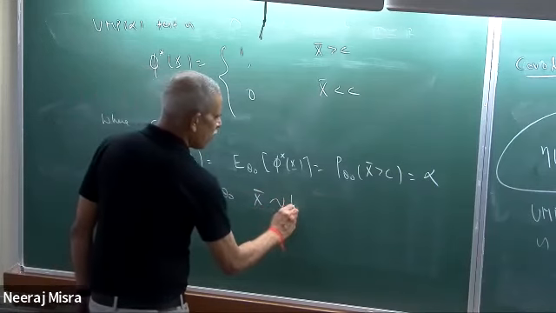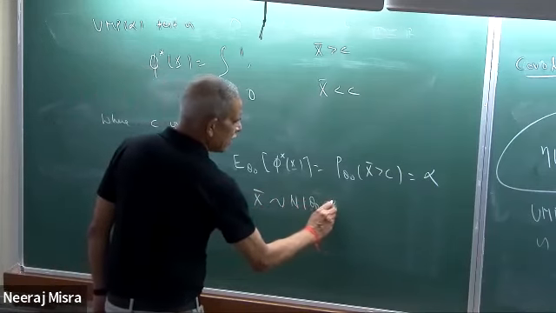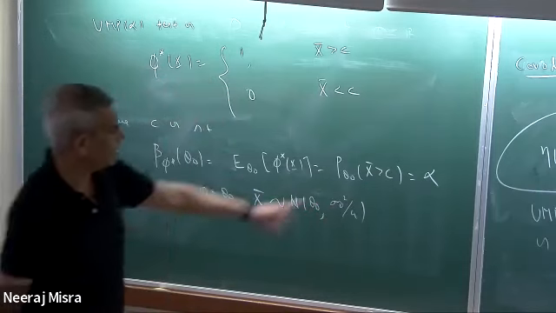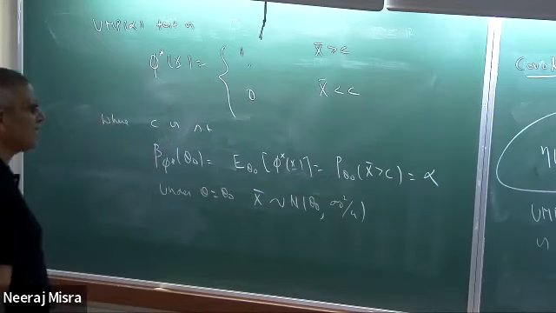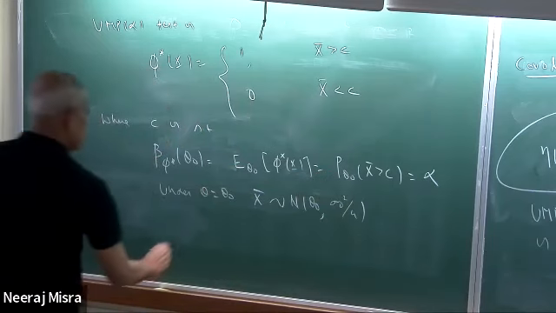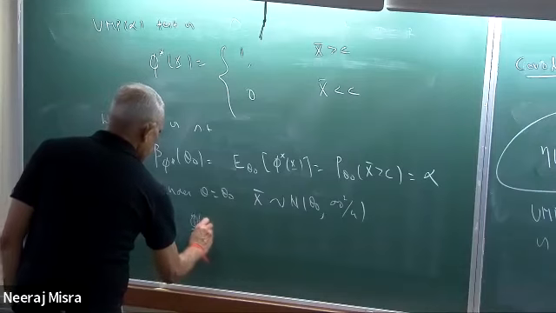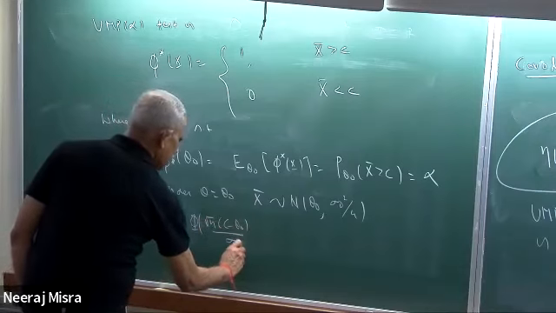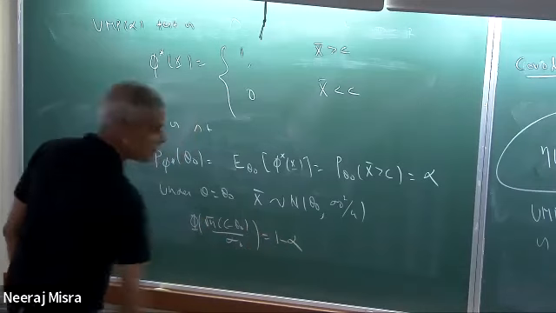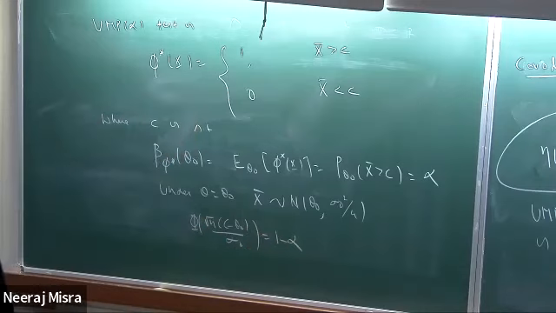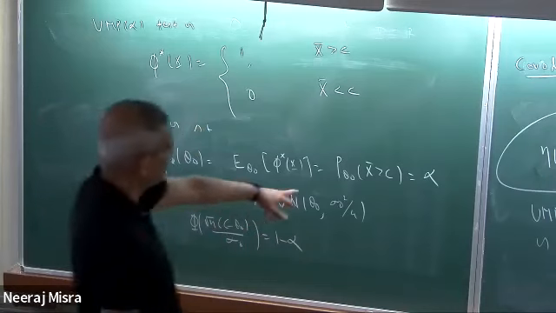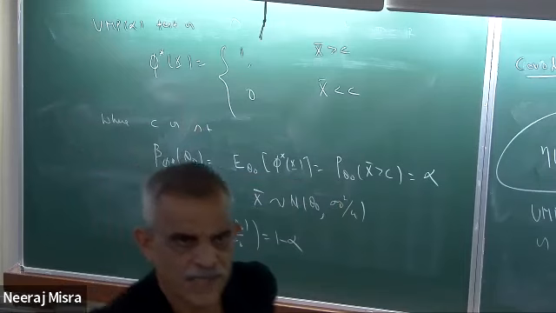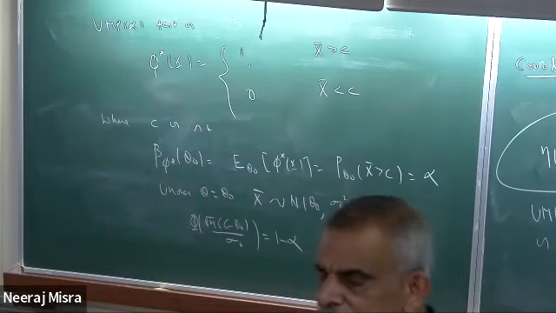But when theta is equal to theta naught, x bar has normal distribution with mean theta naught and variance sigma naught square by n. So this is equivalent to saying that probability under theta naught of x bar less than or equal to c would be 1 minus alpha. So that means phi of root n times c minus theta naught by sigma naught is 1 minus alpha.